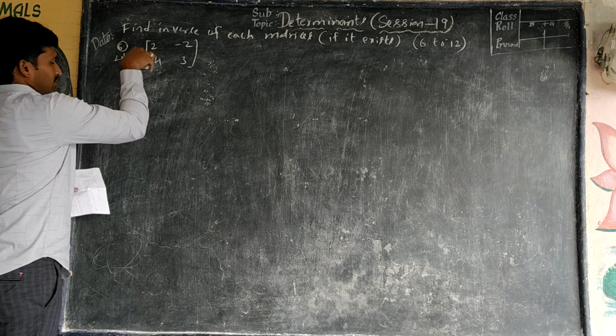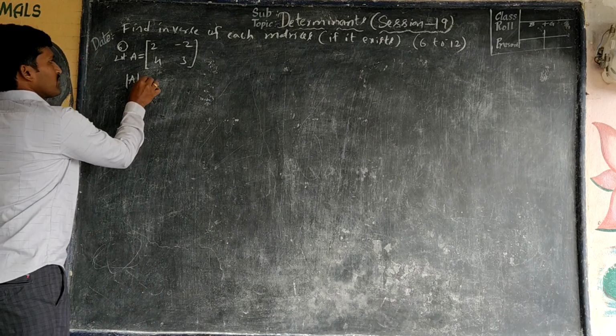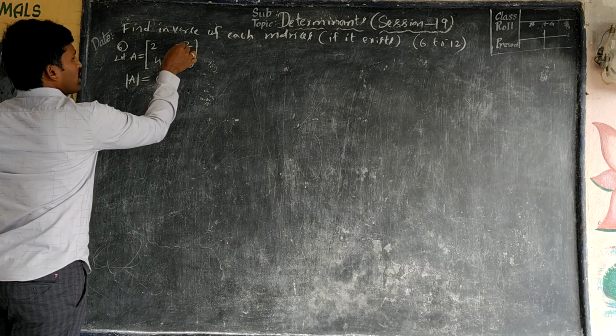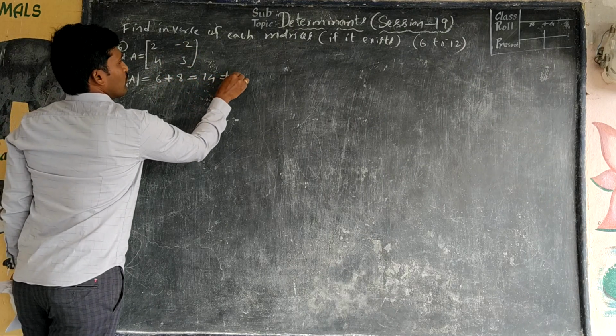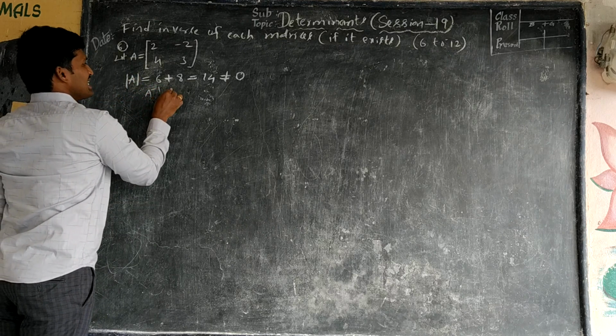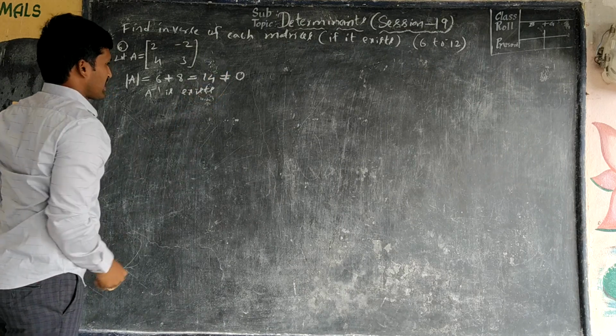Find det A first, to check whether the inverse is possible or not. 2 3s are 6, minus 4 into minus 2, plus 8. So 14, which is not equal to 0. Then A inverse exists, and if it is equal to 0 it does not exist.